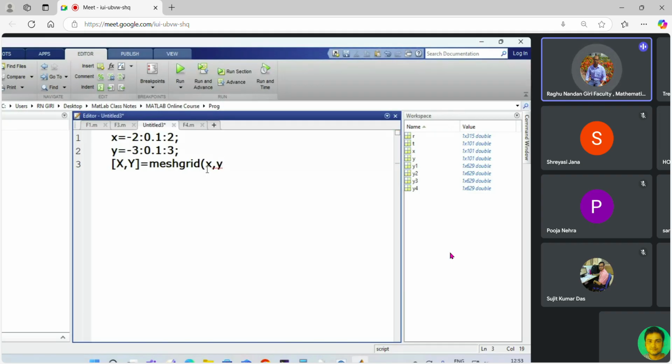We give the arguments, x as a vector and y as a vector, and it creates the grid matrix. This function creates the grid matrix.